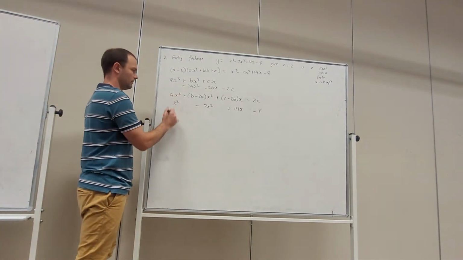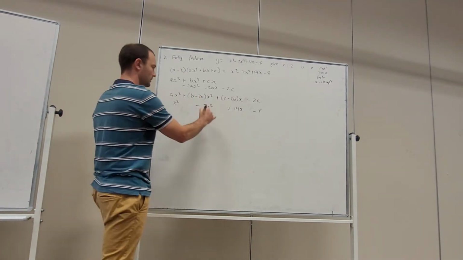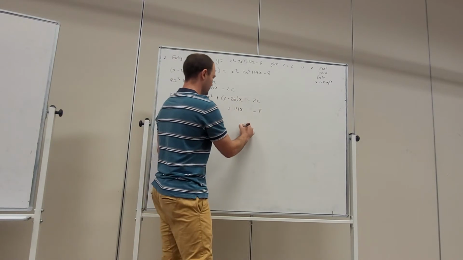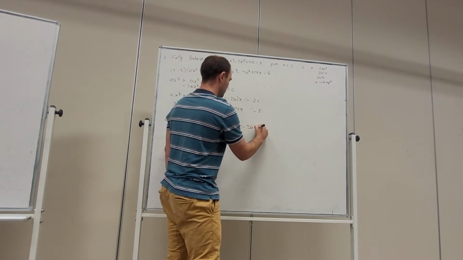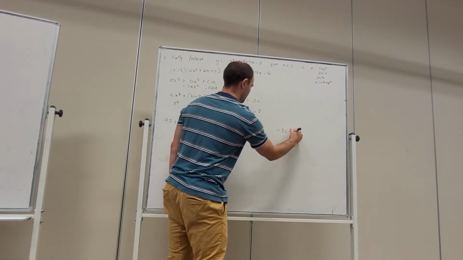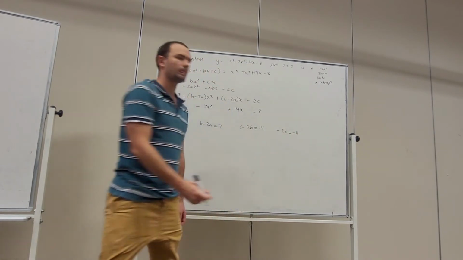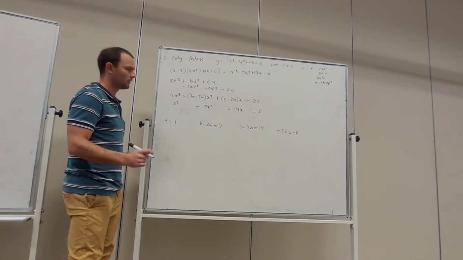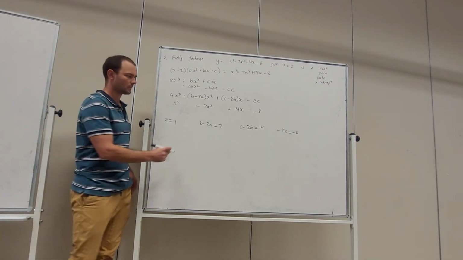We've got a is 1, b take 2a is 7, c take 2b is 14, and minus 2c is minus 8. And we can use all of them to solve the values of a, b, c.